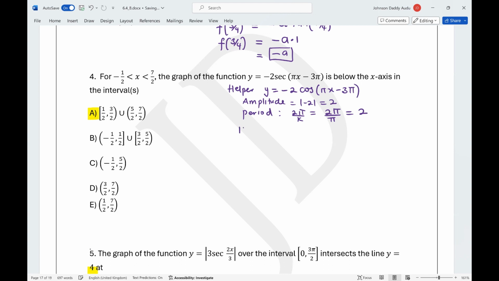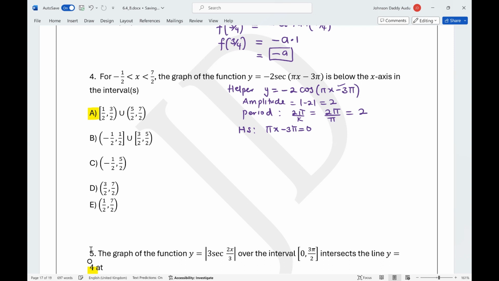Then we can see we have a horizontal shift. One way to find the horizontal shift, if you don't want to use the formula, is to take this one: you set pi x minus 3 pi equal to 0, and solve for x, right?